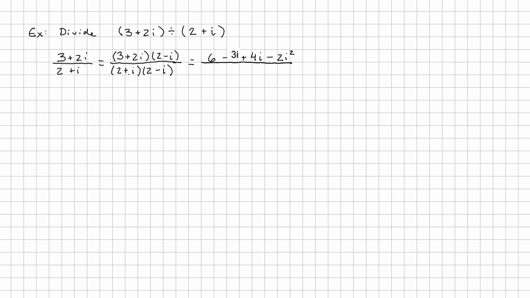In my denominator, I'll just have a squared plus b squared, so that's 2 squared plus 1 squared. So 6 plus i, remembering that i squared is negative 1, that's plus 2. In my denominator, I have 5.